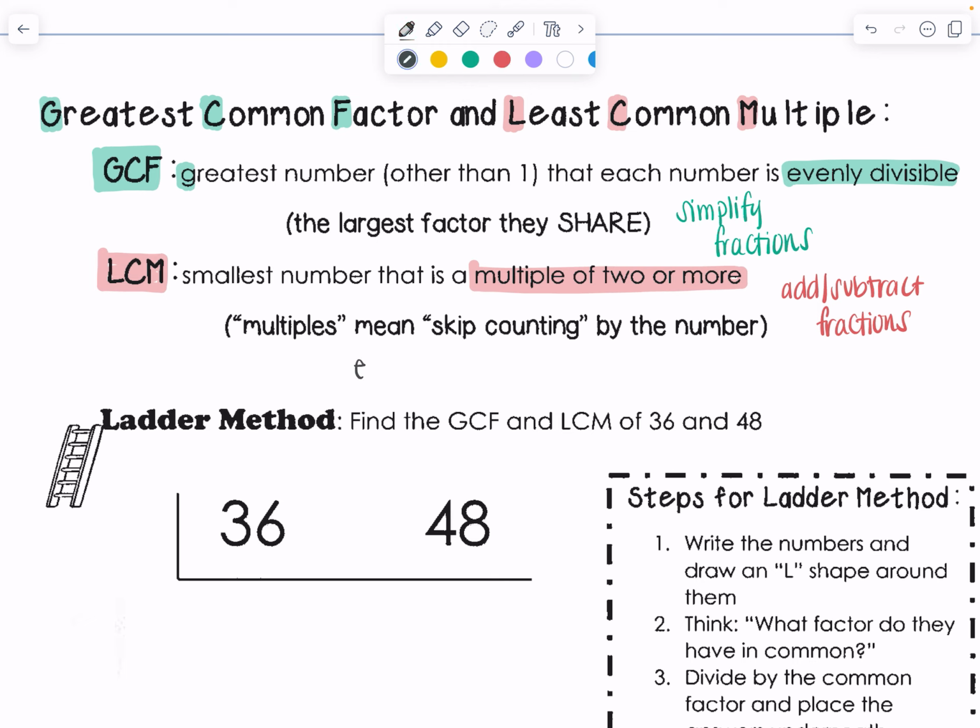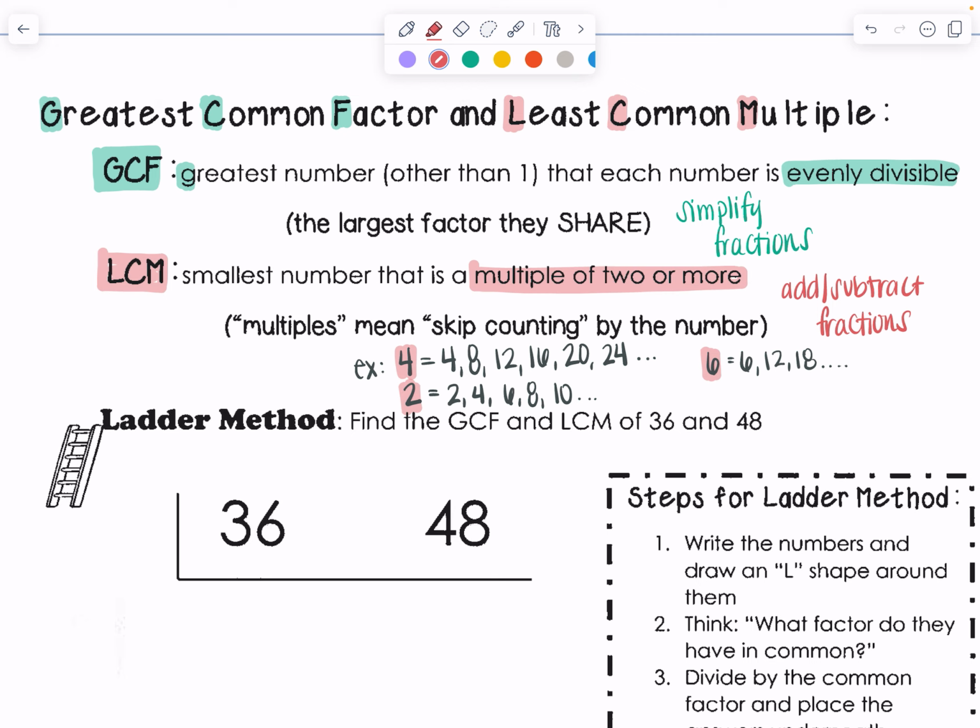So let's just look at a few before we start looking at the example. The multiples of 4 would be 4, 8, 12, 16, 20, 24, etc. The multiples of 2 would be 2, 4, 6, 8, 10, etc. And then let's do the multiples of 6: 6, 12, 18, etc. If I had said, what is the least common multiple of 4, 2, and 6, you would look for the smallest thing in all of their sets.